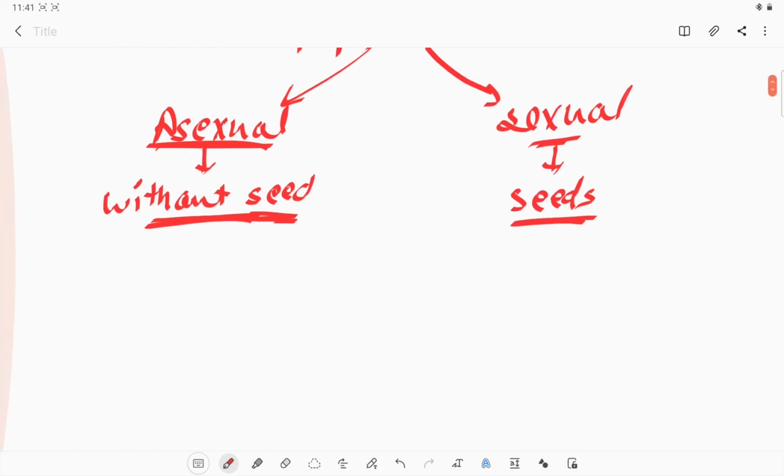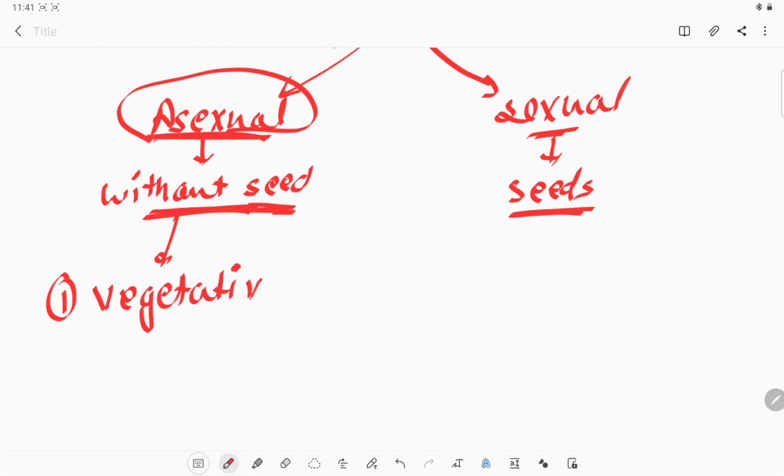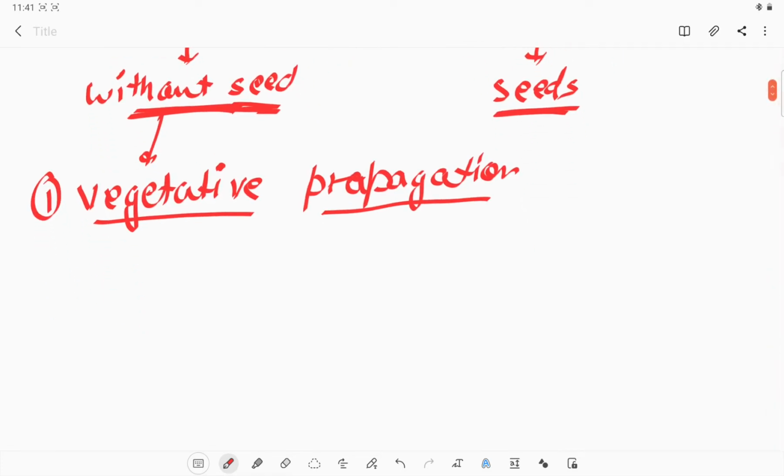What are the other subcategories of asexual reproduction? First is vegetative propagation. What does that mean? Vegetative propagation means that if a plant is growing out from the parent body without any seed formation, without any gamete fusion, then we can say that vegetative propagation is going on.